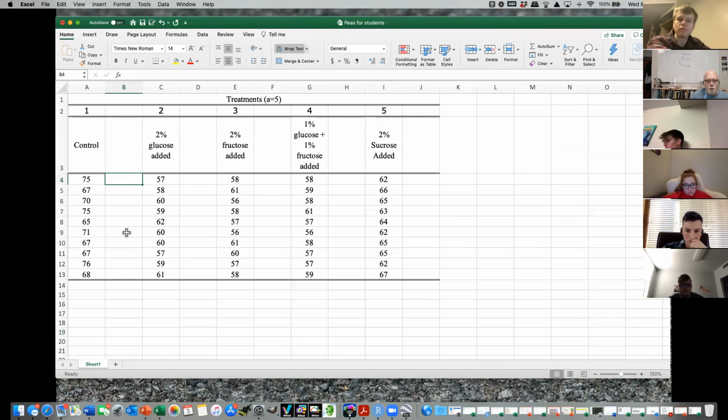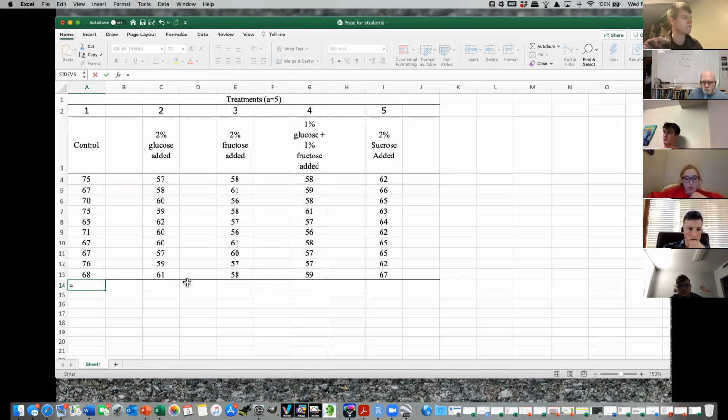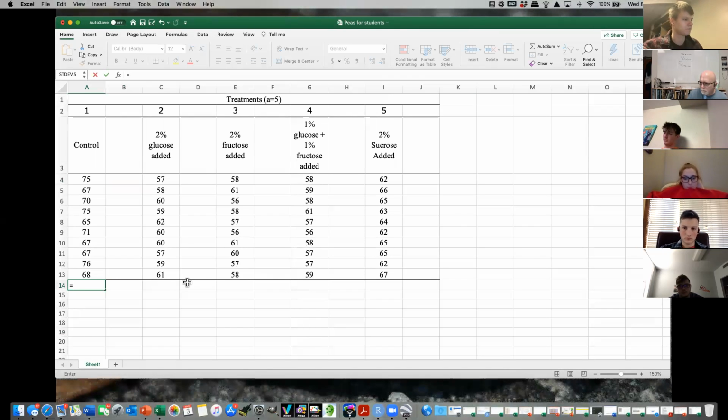Okay, so here's the control. Here's 2% glucose, 2% fructose, 1% glucose 1% fructose, 2% sucrose. What's the first thing that we need to know for each of these things? The average, the mean. Yep, the average. So we can calculate the average by just asking Excel for the average for that range of cells.